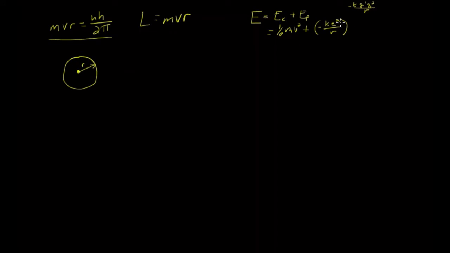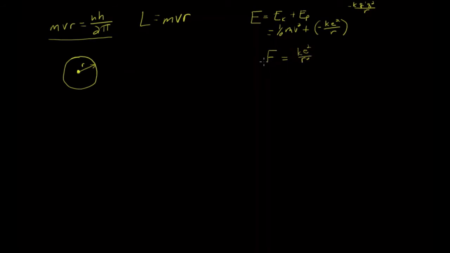Here's our equation. Now I'm going to do something strange here that is not going to be intuitive. This is probably the genius of Bohr, that he did something like this. The force acting on an electron, a coulombic force, is given by ke squared over r squared.